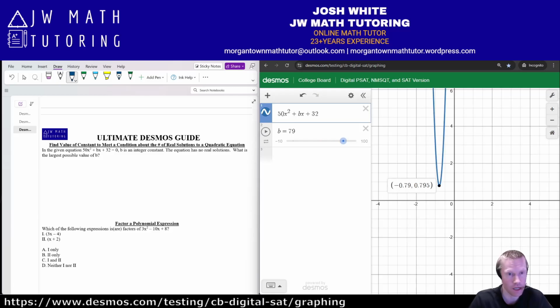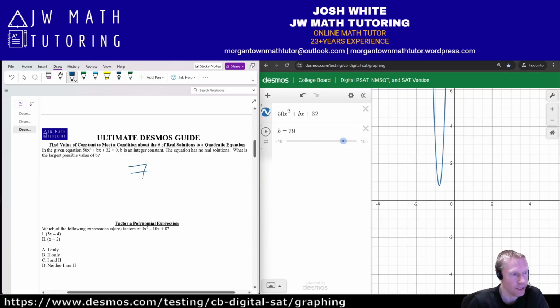So 79 is the largest possible value for b that still leaves this quadratic equation with no real solution, in other words, this quadratic function with no x-intercepts. Because when I go up to 80, it touches the x-axis, and there's a real solution. That tells me that 80 is too high. So the correct answer would be 79.